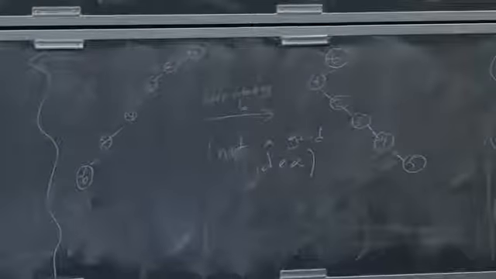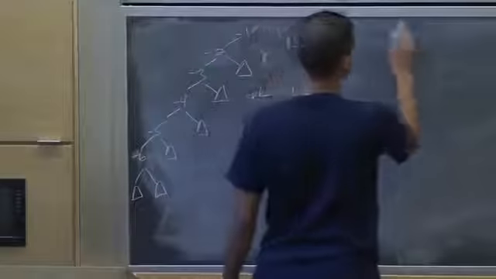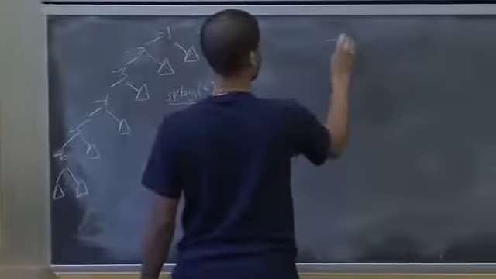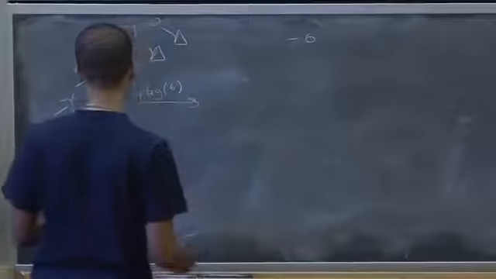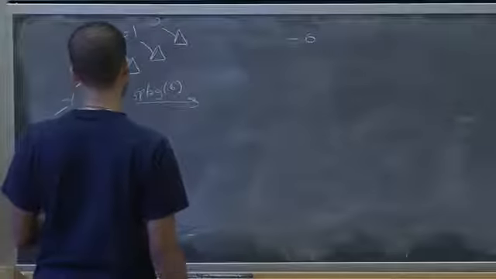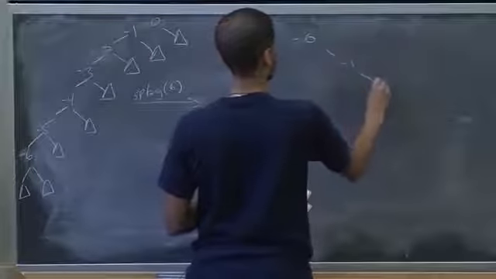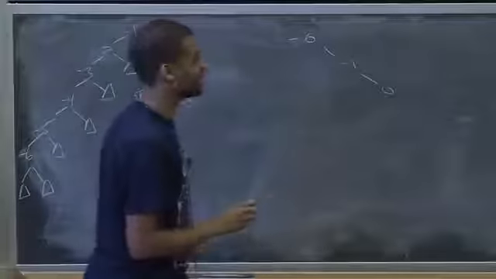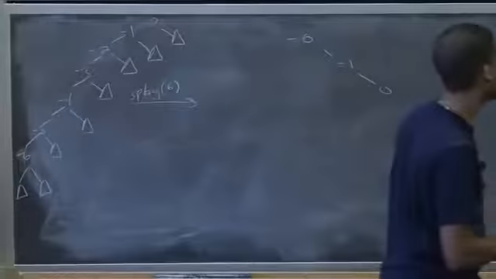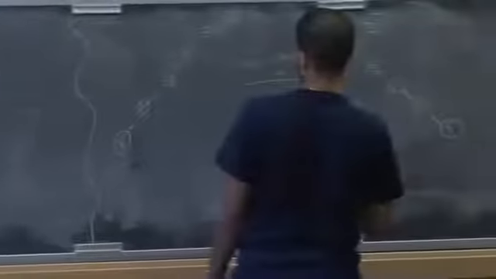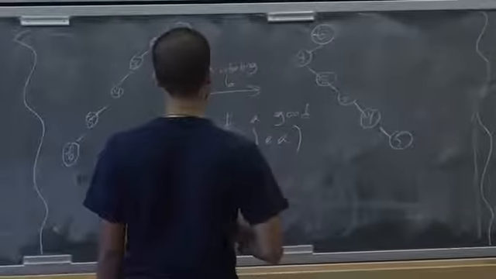So minus 6 has to be on the top, we know. And then we have minus 1 hanging off and 0. Oh, really? You're right. So I really messed up myself.